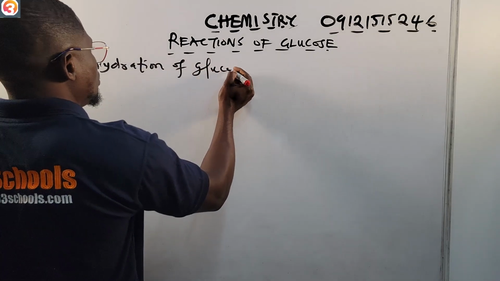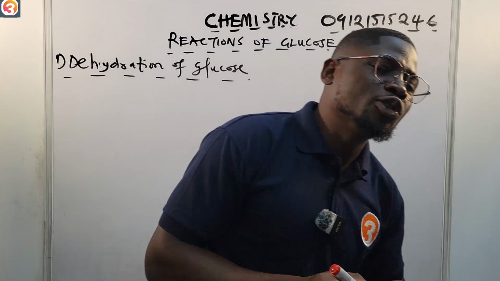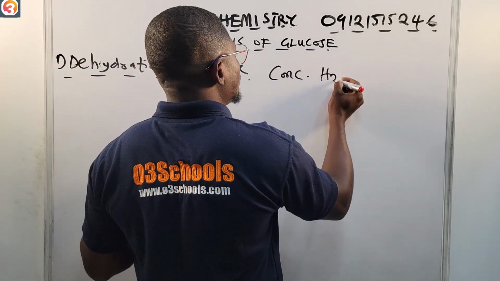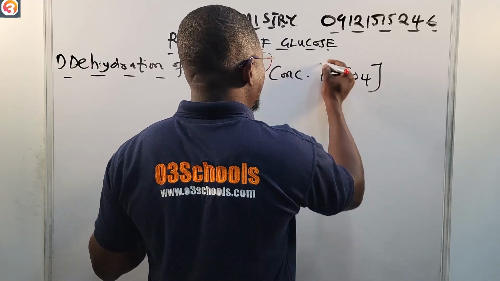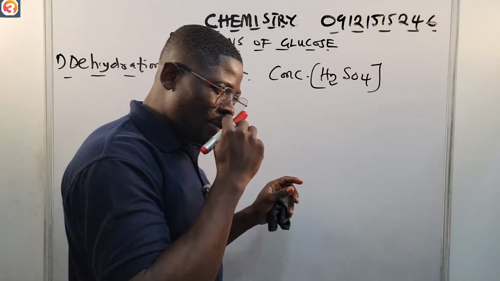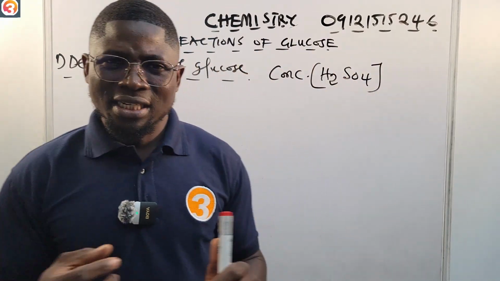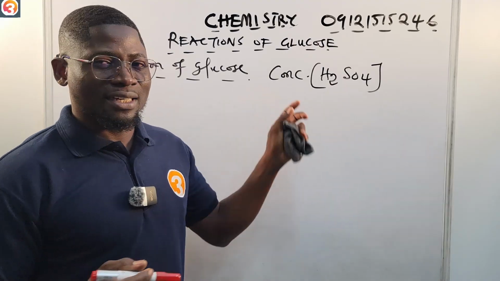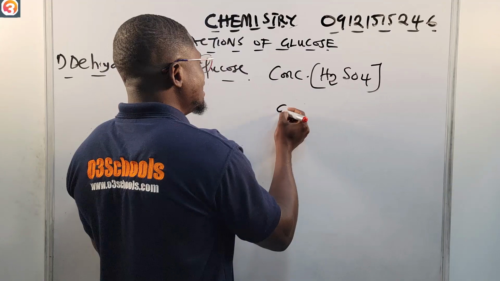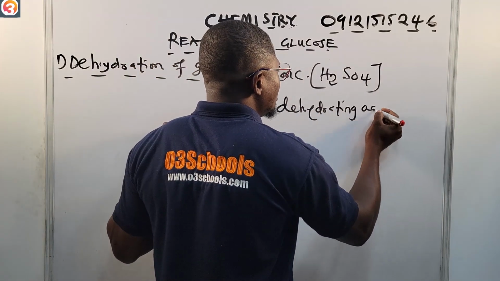When concentrated tetraoxophosphoric acid, concentrated H2SO4, acts on glucose, the water molecules present in glucose will be completely taken out, because this acid is a very strong dehydrating agent.